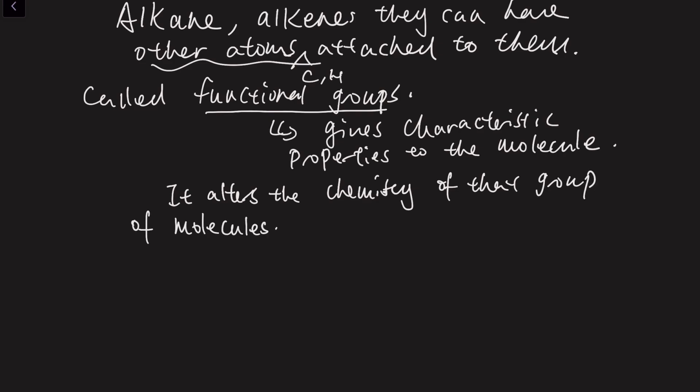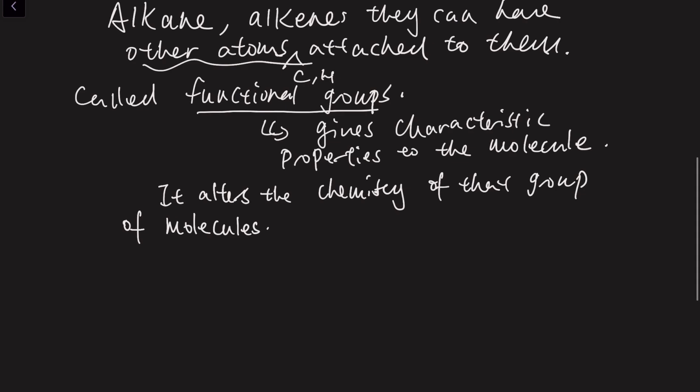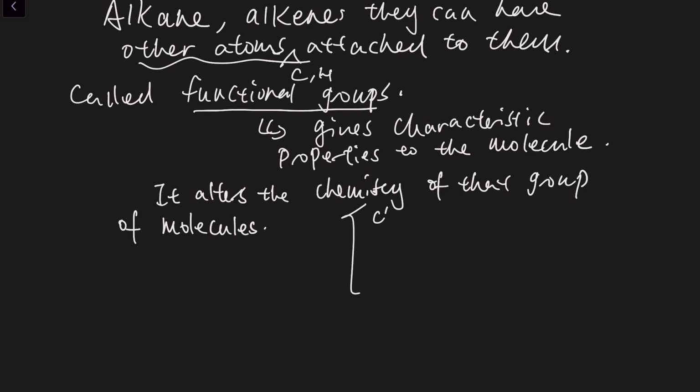This is why it's called functional group, because it serves some interesting functions. It changes the chemical property. So by chemistry, I mean chemical properties. So this is something like their reactivity.